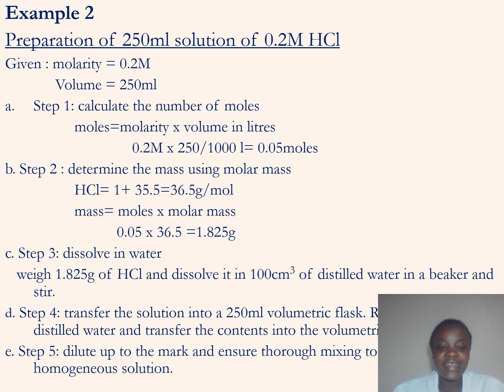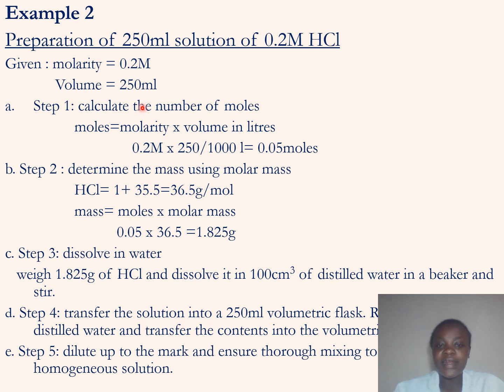So we can look at another example, that is example number 2. Here we are asked to prepare a 250 ml solution of 0.2 molar hydrochloric acid. So we are given the molarity, that is 0.2, and we are given the volume as 250 ml.